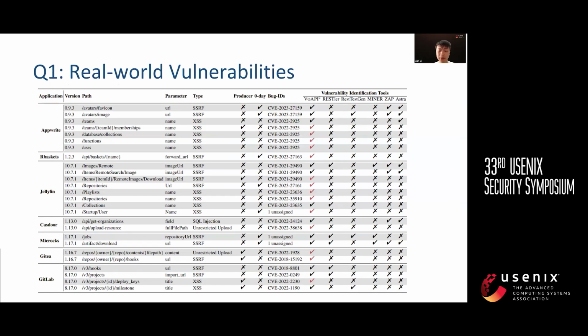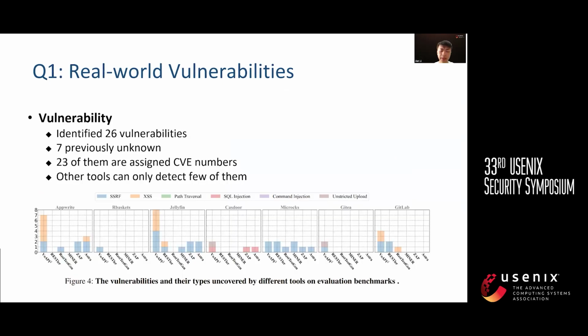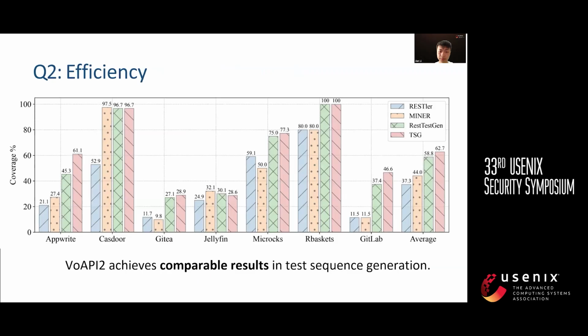VOAPI found all vulnerabilities, while other tools identified only a few. Notably, our tool identified 26 vulnerabilities, 7 of which were previously unknown. Out of these, 23 have been assigned CVE numbers. Other tools could only detect a few vulnerabilities.